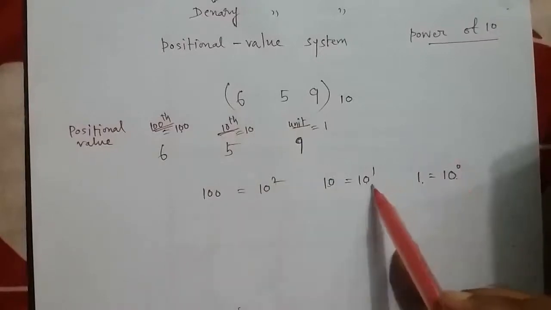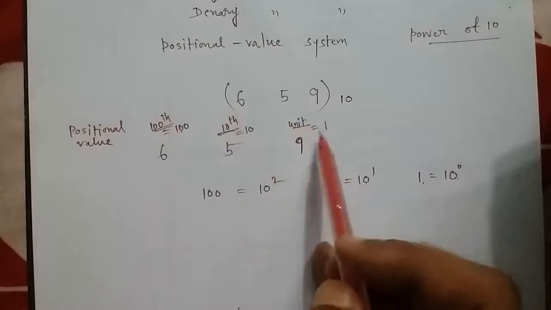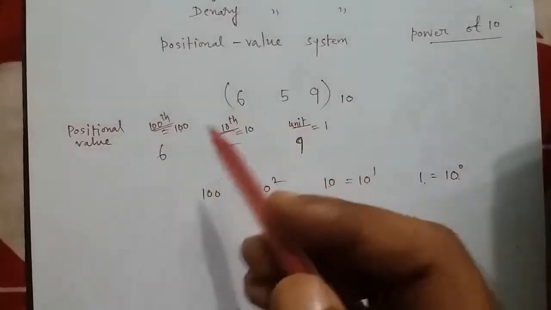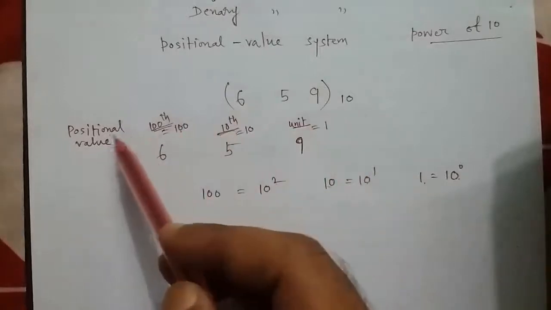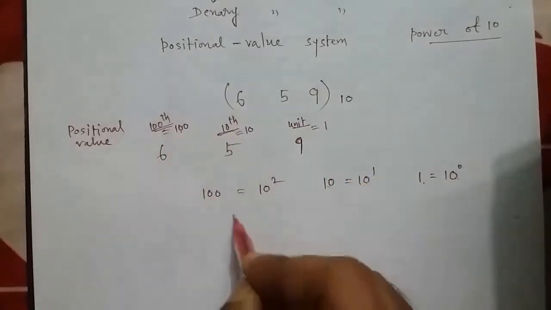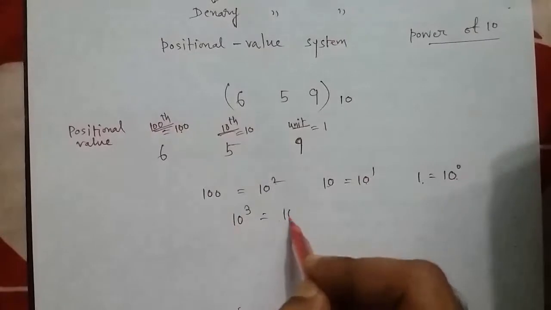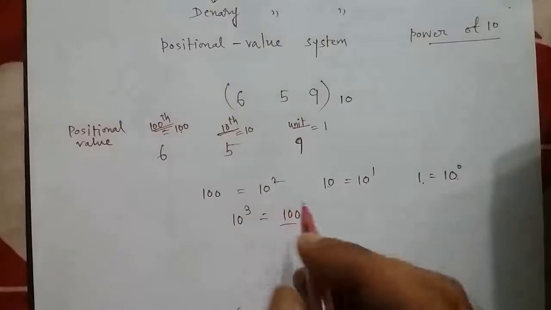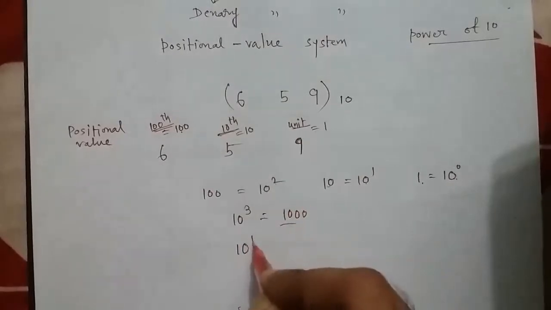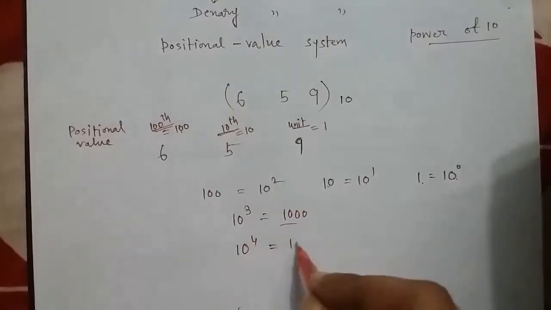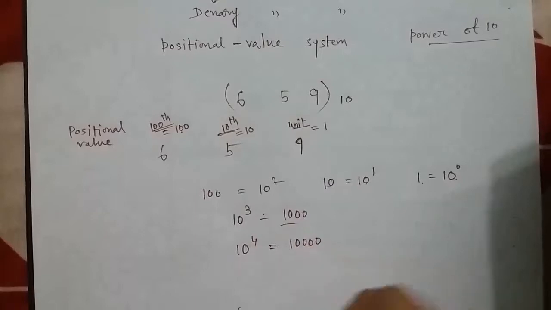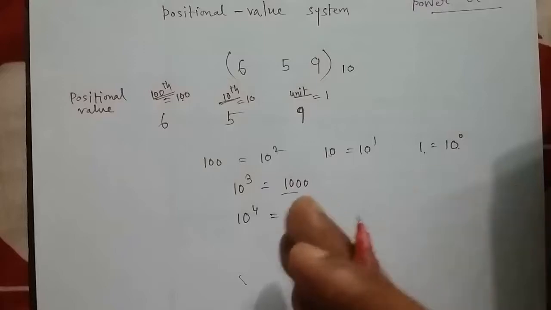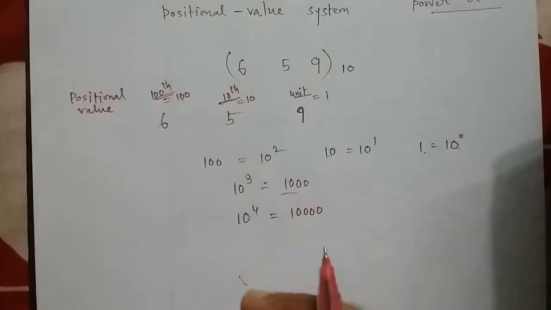The next digit, if there was one, would be 1000, that means 10 to the power 3. If another digit appears on the left hand side, then we write 10 to the power 4, that means 10,000, isn't it? So the positional value of every digit is expressed as a power of 10.